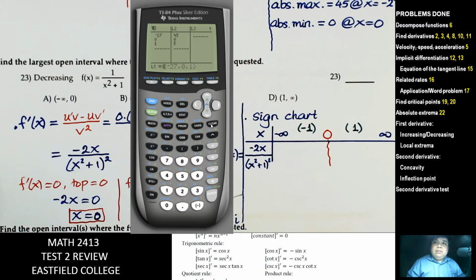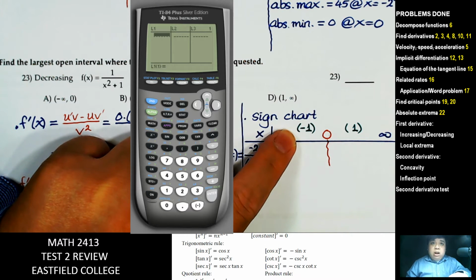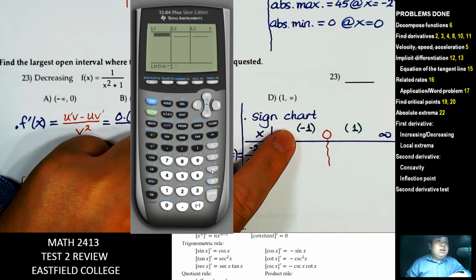So highlight L1, clear, enter. Now highlight L2, clear, enter. Now the values we evaluate are negative 1 and 1. This is the negative sign and not the subtract.